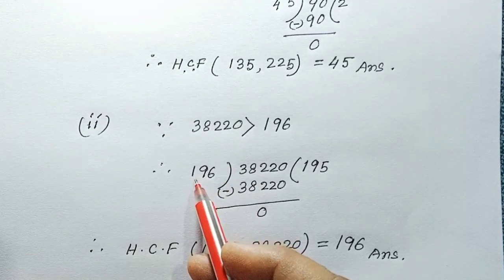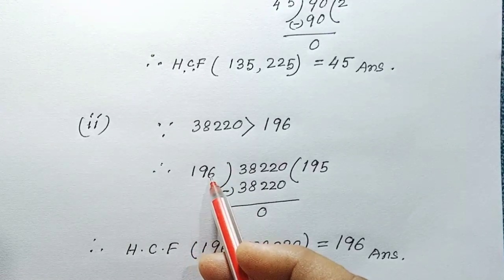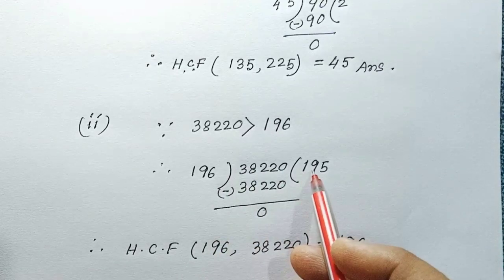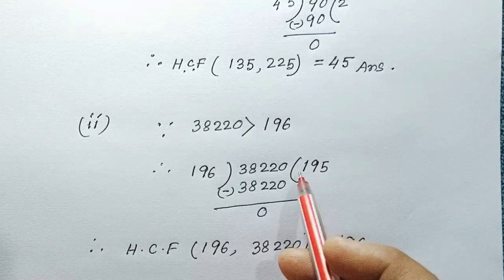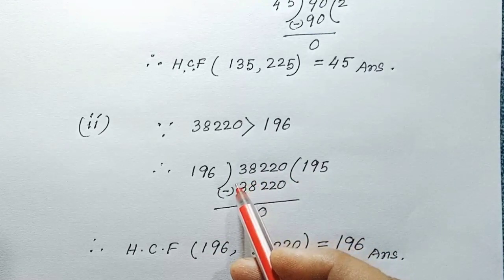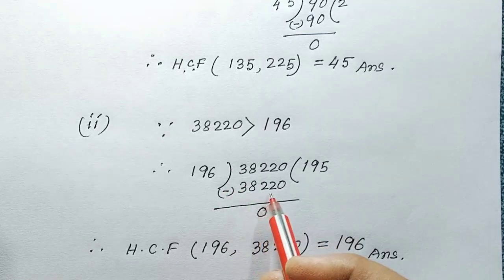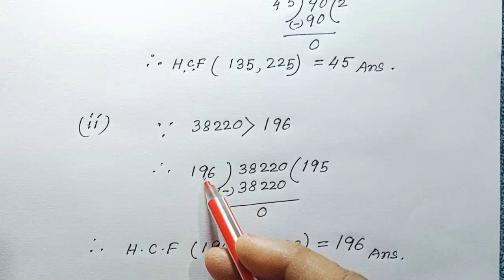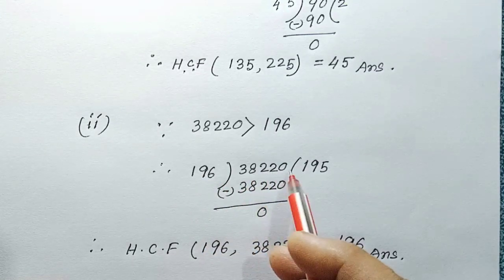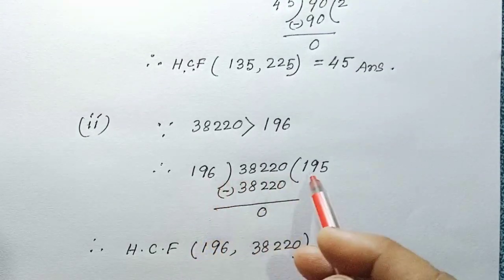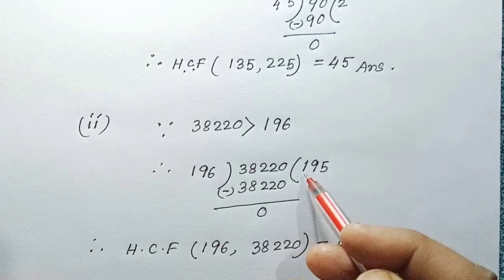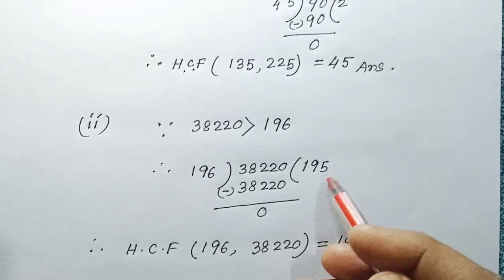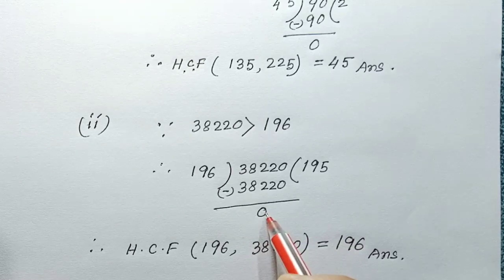If you check, you will get that 196 will go 195 times to make 38,220. So if we divide 38,220 by 196, the quotient we get is 195 and the remainder becomes 0.